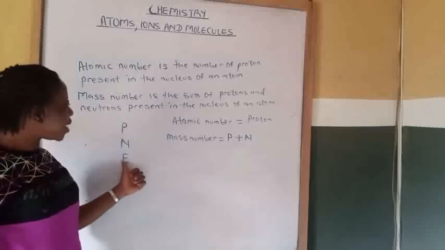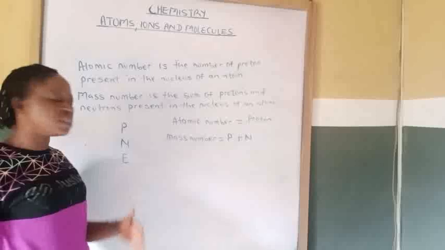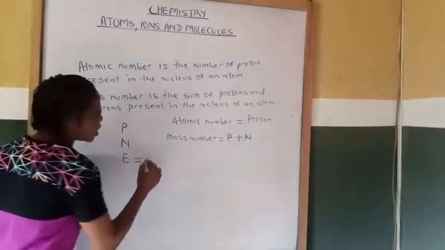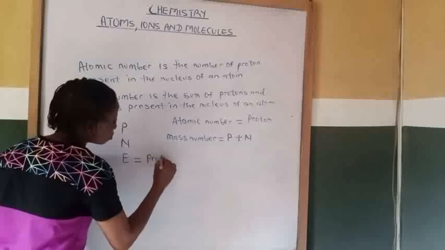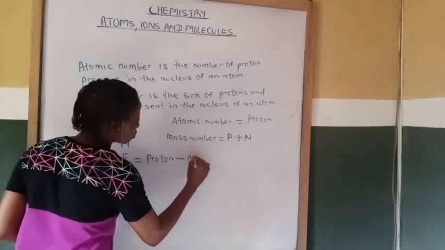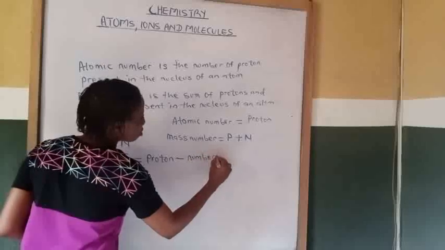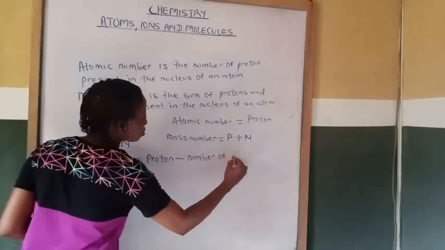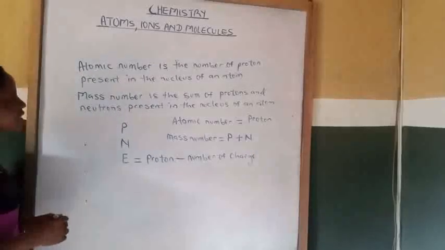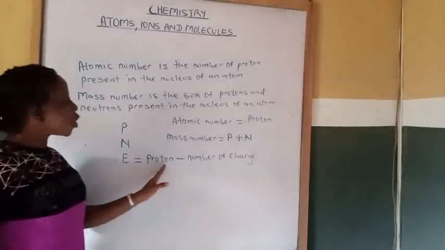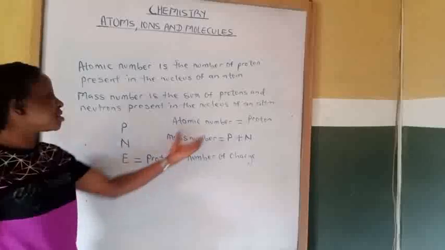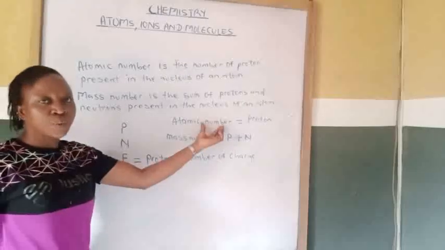Then we need the number of electron. How can we calculate the number of electron? Electron is equal to the number of proton minus the number of charge. Your proton is the same thing as atomic number.